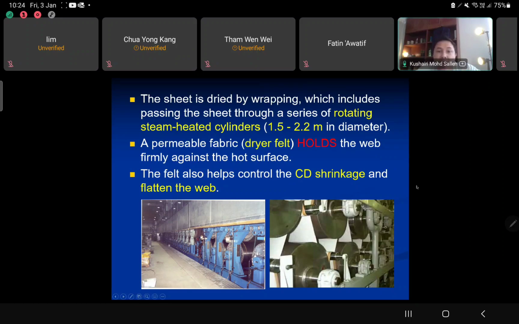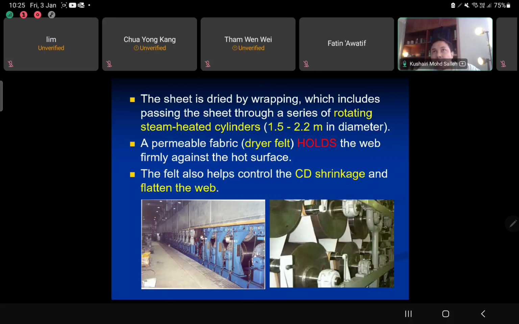The sheet is dried by evaporation, which includes passing the sheet through a series of rotating steam heated cylinders. As you can see in the figure that we provide in this slide, there is a cylinder. This cylinder structure is quite huge, with a diameter of 1.5 to 2.2 meters.